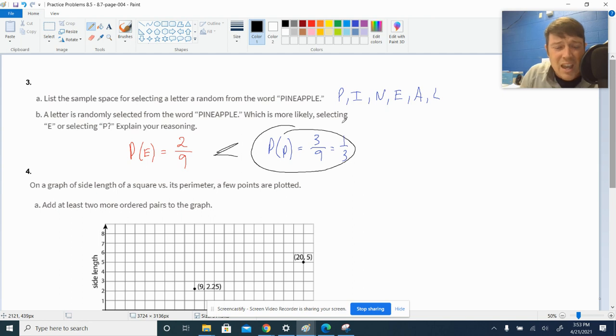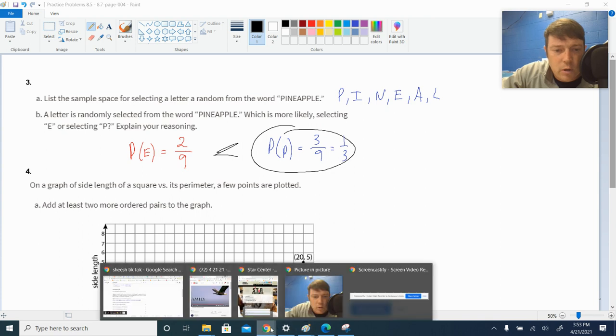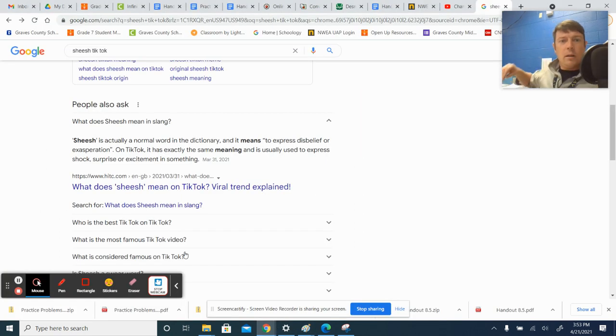And you know what? If I reached in that bag and I pulled out an L, I'd be like, sheesh, I don't believe it. Disbelief on my part. Because you know what? I looked up what your little sheesh means, and it's not bad at all. It's a perfectly good word. It's on TikTok. This is me being lame looking it up, but I did it. And it simply means disbelief. I can't believe it. Exasperation.